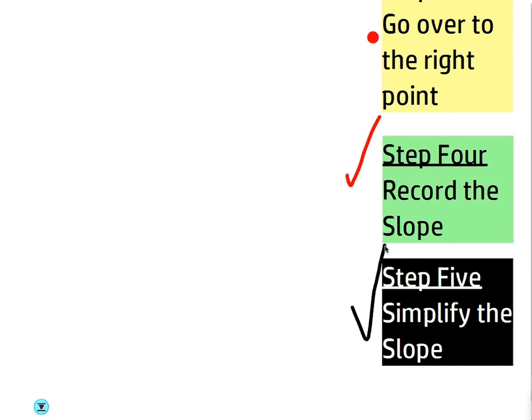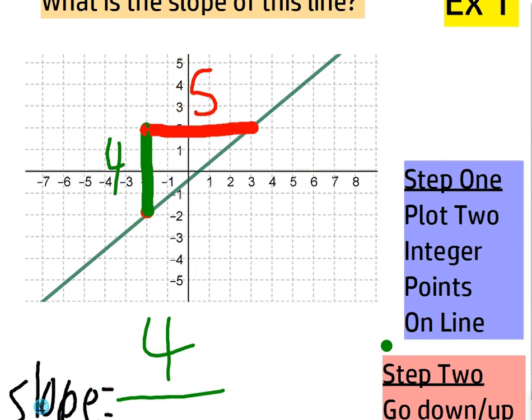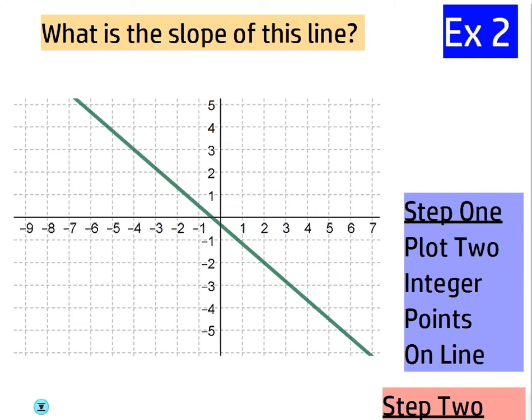So if the fraction was like 3 over 6, make sure you reduce that to 1 over 2, just because it's simpler, right? That means you go up 1 unit every time you go over 2. In this case, we're going up 4 units for every 5. So this one's close to 1. This one's close to 45 degrees. Okay, step 5 is to simplify the slope. So simplify the fraction.